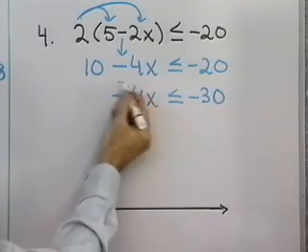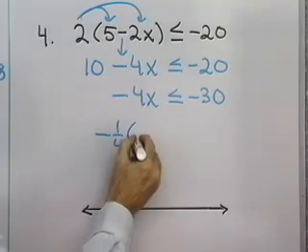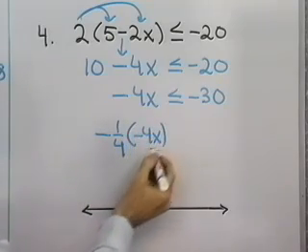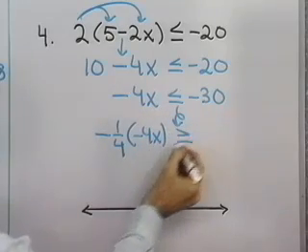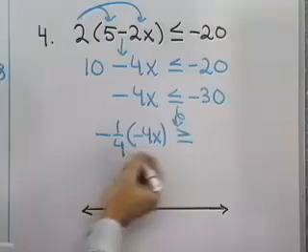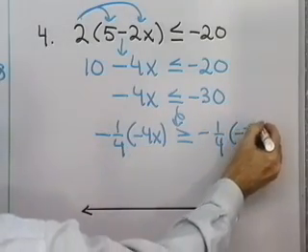I need to multiply both sides by the reciprocal of -4. That's -1/4. It's okay to do that anytime I want, as long as when I do that, I also reverse the direction of the inequality because I've introduced a negative number with multiplication. Do that to the left side, do it to the right side also.